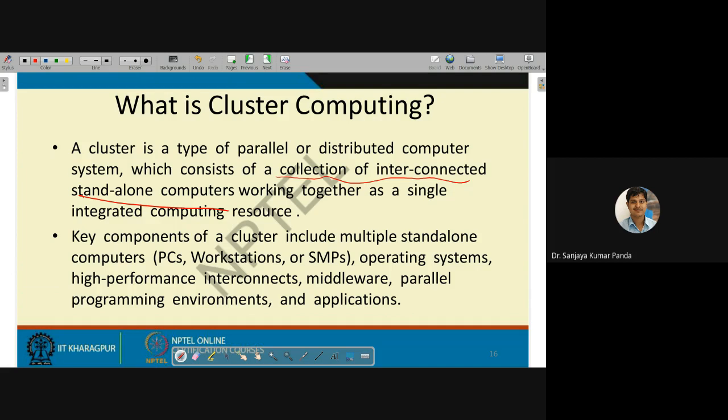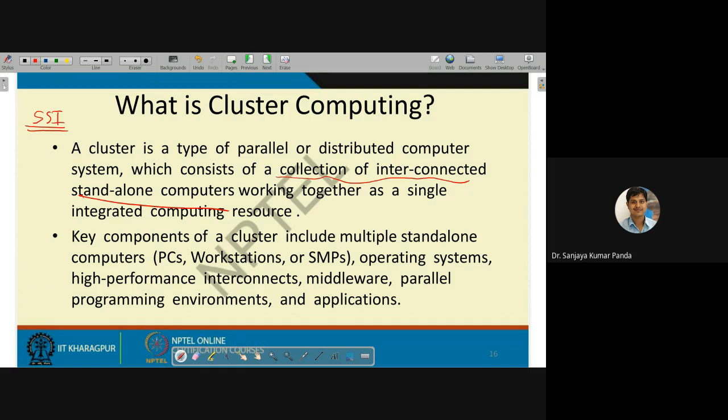That's why I told you one term, called single system image. It says that a group of computer systems are connected together to provide a single computing resource. They are integrated together, so they act like a single resource.